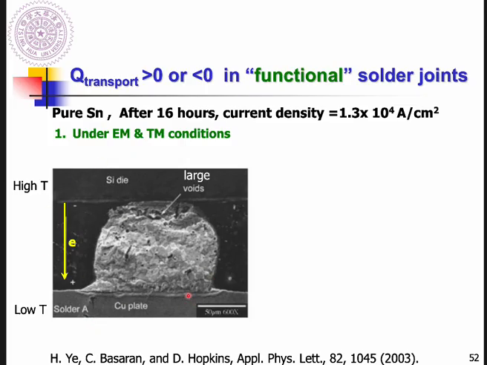Under these situations, can you design an experiment to measure the heat of transport for the tin? So the information I give you here is pure tin as a functional solder bond, and after 16 hours, the current density is shown like this.